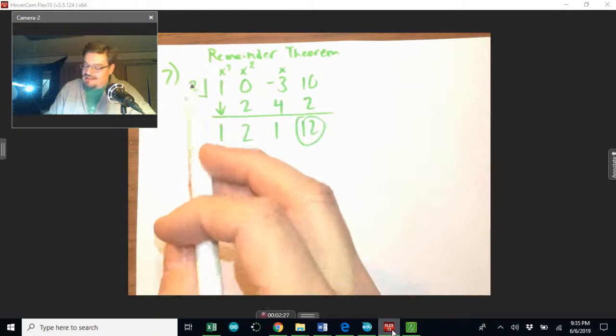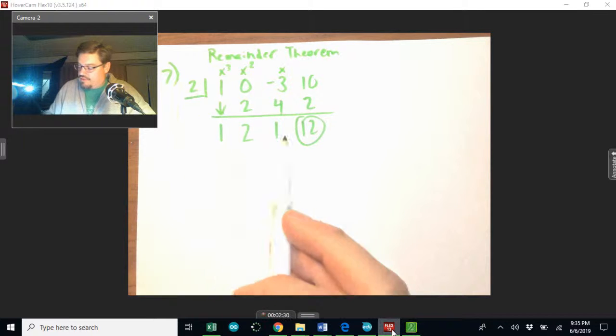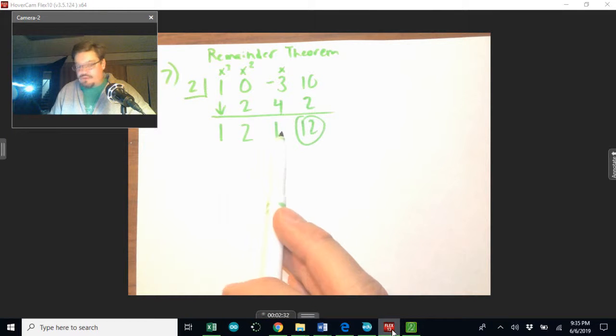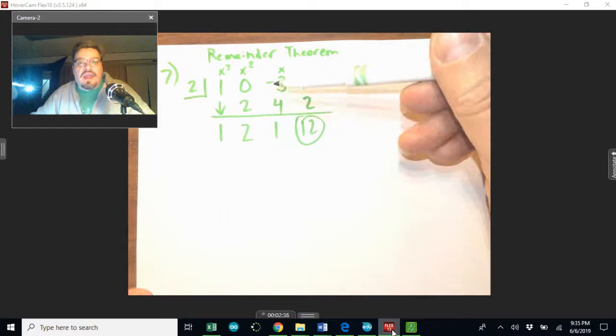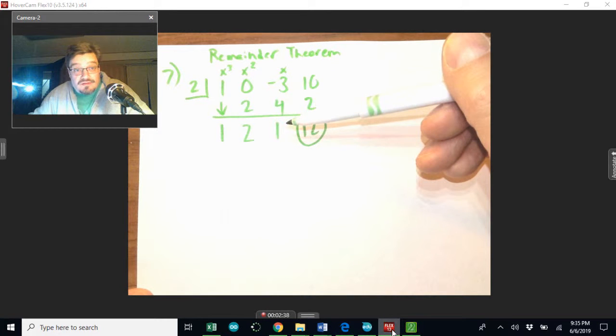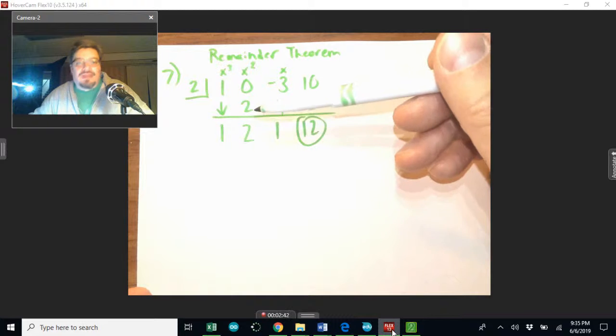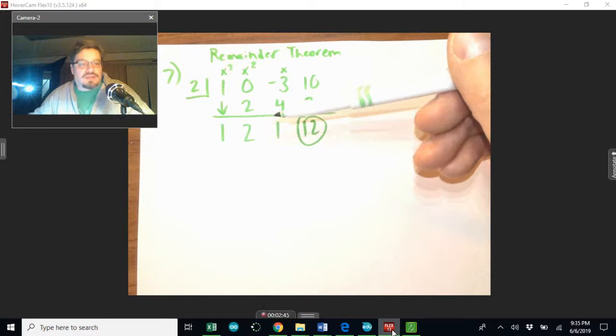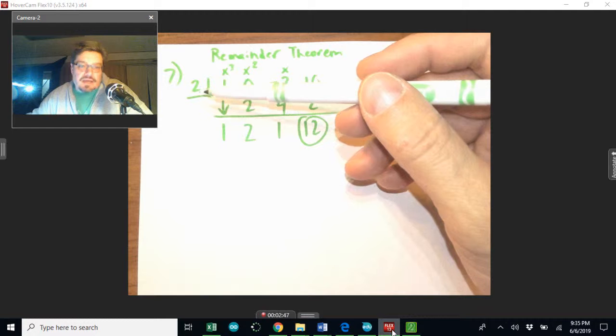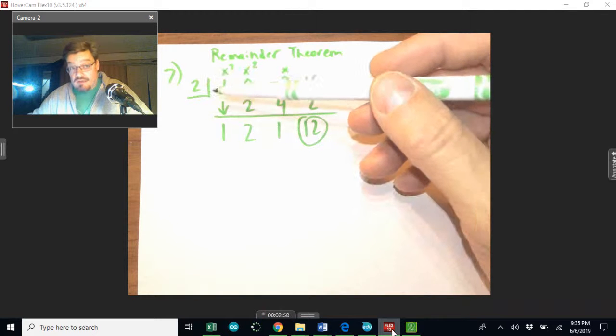So this means that 1, 2, 3, I multiplied 2 3 times. And I added -3 plus the 2, so it works out. So don't change the sign when you want to evaluate. Don't change the sign.